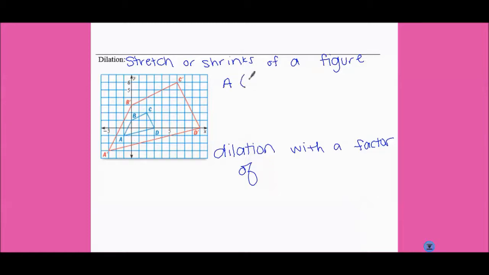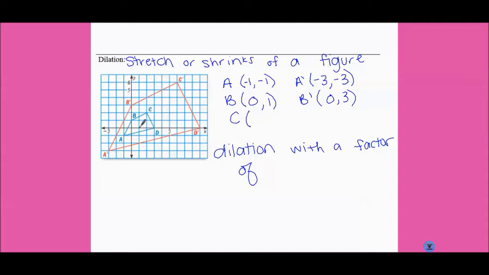A's original coordinate was negative 1, negative 1. A prime's coordinate is negative 3, negative 3. B's original coordinate was 0, 1. B prime's coordinate is now 0, 3. What do you notice are happening to these numbers?